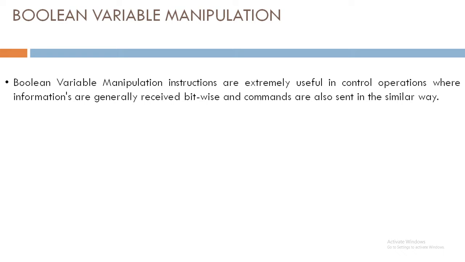That is, there are many control applications where we require only, say, one bit of information to switch something on or off. In those cases we don't need to send the entire byte of data to control the system.